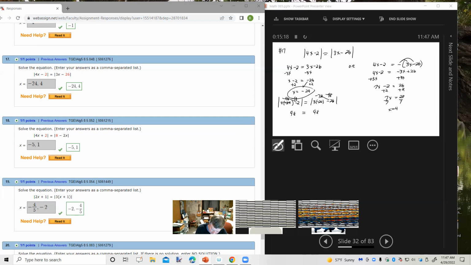So x equals negative 24 checks. Now x equals 4. 4 times 4 minus 2, 3 times 4 minus 26. 4 times 4 is 16. 16 minus 2 is 14. Absolute value of 14 is 14. 3 times 4 is 12. 12 minus 26 is negative 14. Absolute value of negative 14 is 14. So it checks as well.